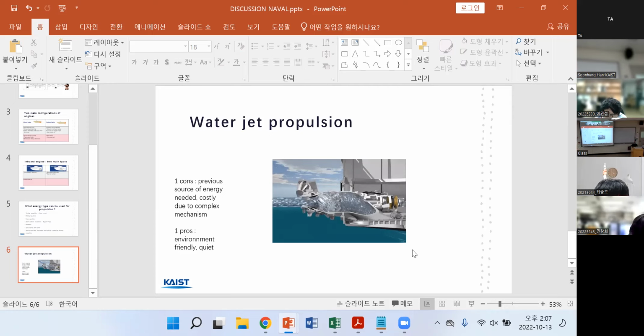Propulsion is usually done by jet propulsion, but not necessarily. Usually, because it is small and they want to be able to touch the shallow sand, that's why they use it rather than a propeller. A propeller can break when touching the sand.